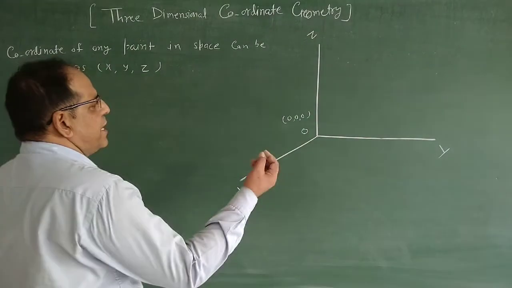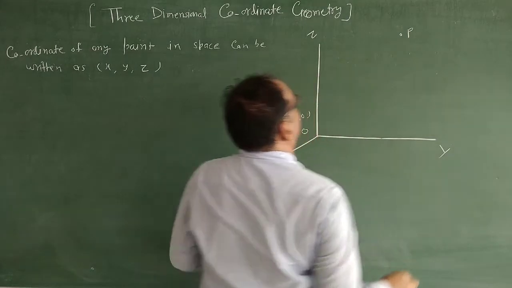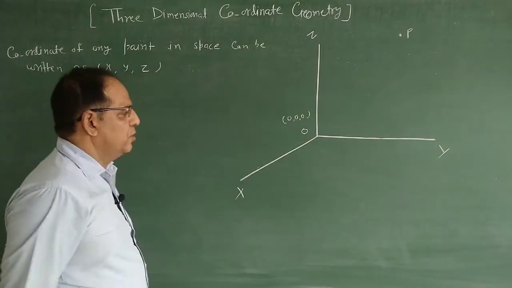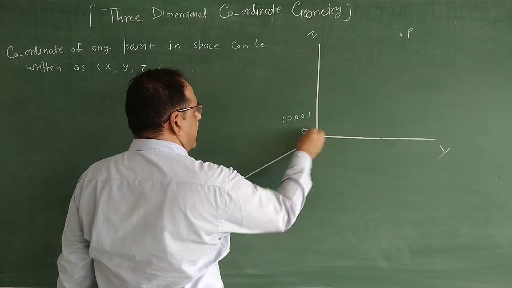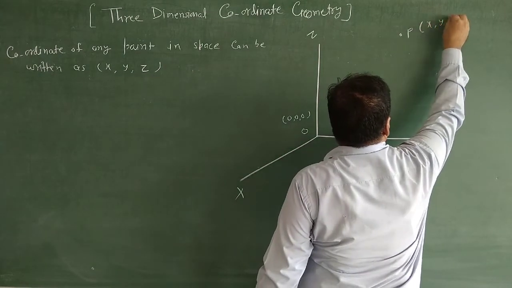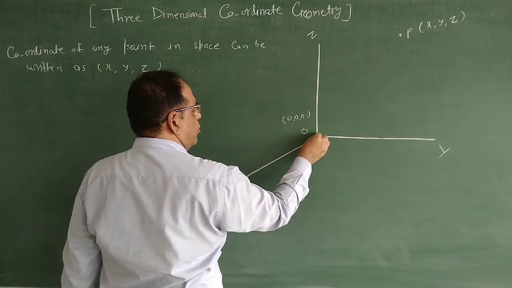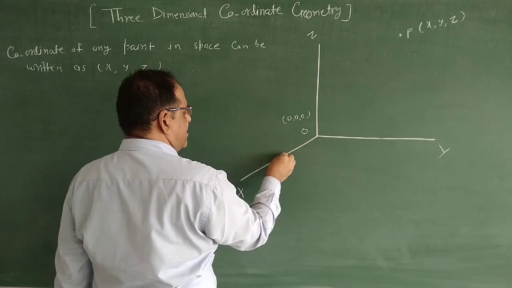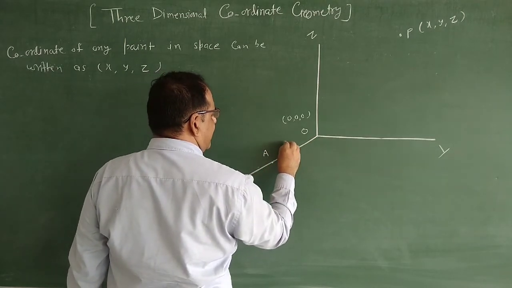Suppose there is a point P in space and we want to reach this point. How can we do it? Suppose the coordinates of the point P are x, y, z. First we move the distance x in the direction of x-axis.